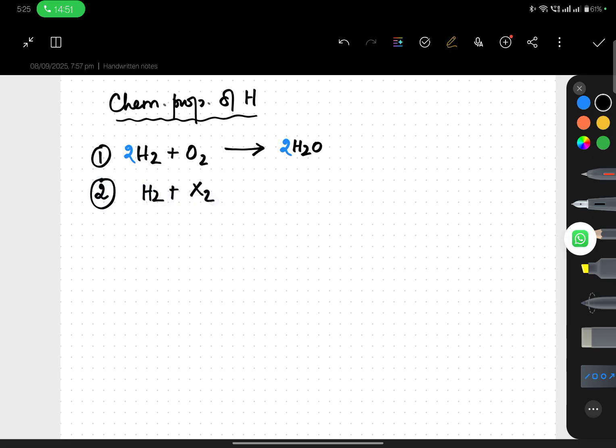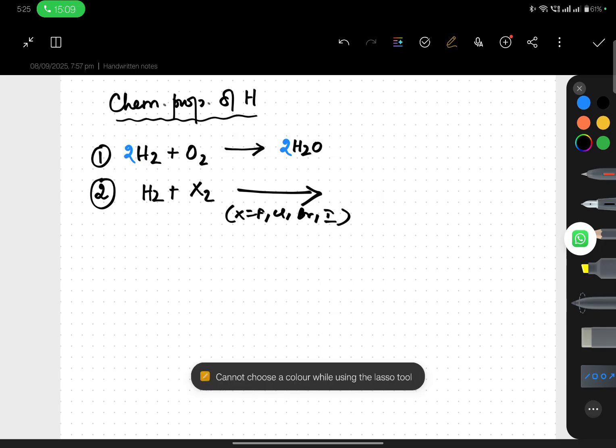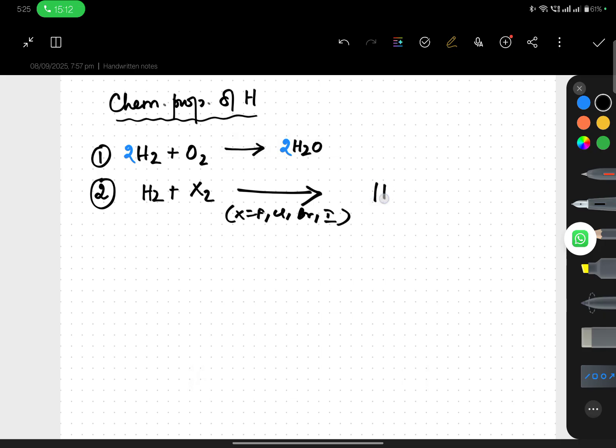So hydrogen plus halogen. X can be F, Cl, Br, I. So hydrogen can react with metals, solid metals.